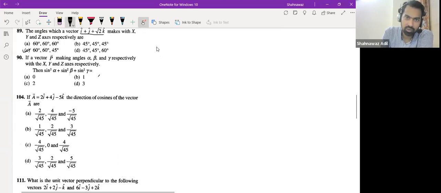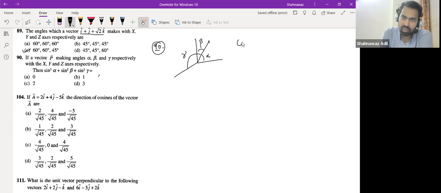Okay, so this property: if a vector P is making angles alpha, beta, and gamma respectively, right? So we have a vector and it is making an alpha angle, beta angle, and gamma angle. So we have cos alpha, cos beta, and cos gamma, the direction cosines. And you see that this is similar looking to some property that we have.